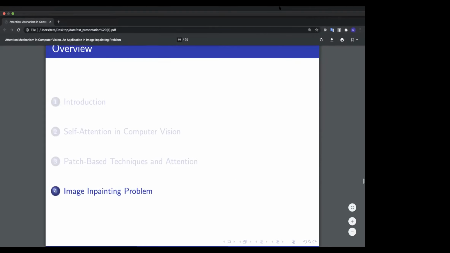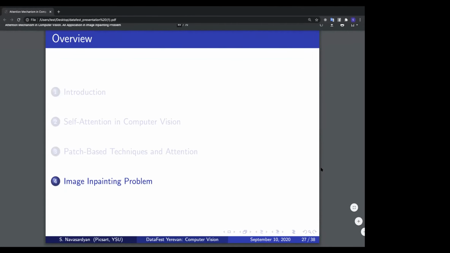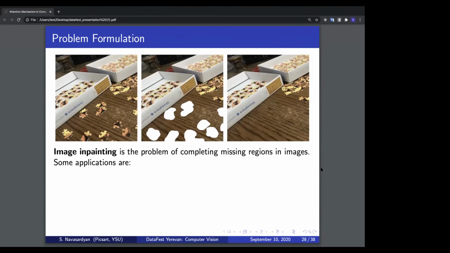So now let's talk about the image inpainting problem. What is the image inpainting problem? This is in a sense the same thing as hole filling in images. We have an original image. We want to remove some part of this image, or we want to fill some missing regions in this image.